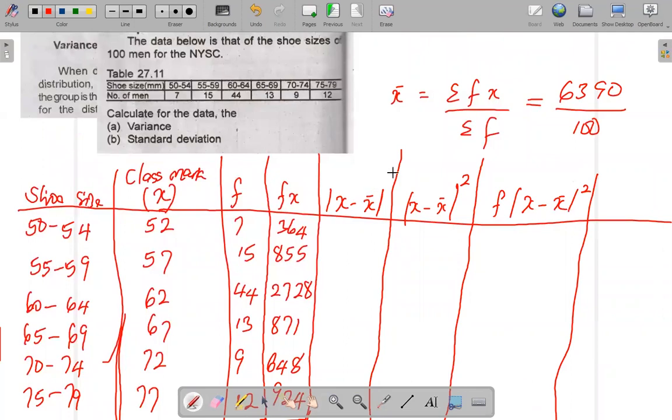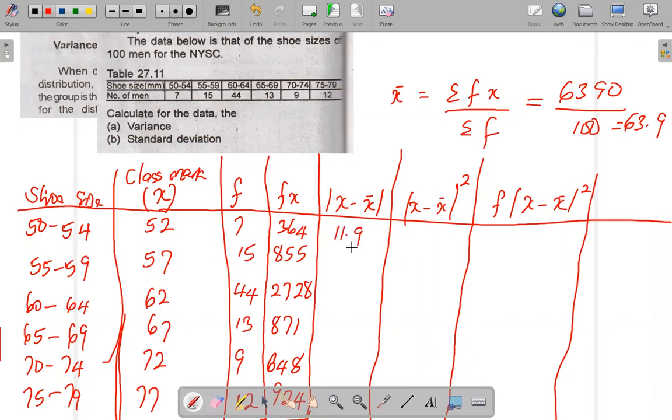X minus X bar. Our X bar is 63.9. And our X here is 52. So 52 minus 63.9 will give us minus 11.9. But since we are taking the absolute value, this vertical slash here means the absolute value. The absolute value of minus 11.9 is 11.9.